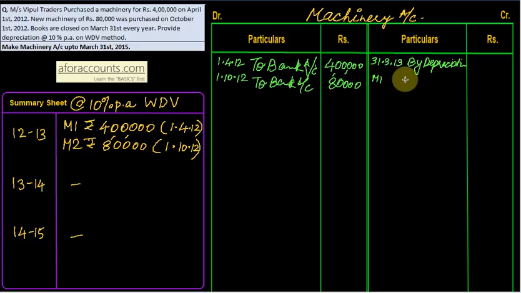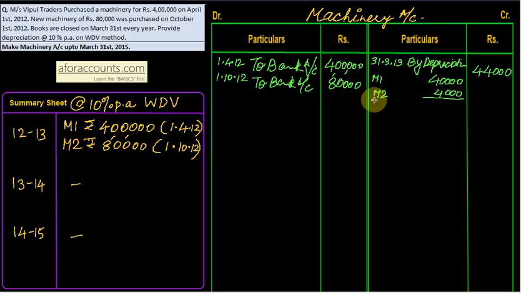So machinery 1 depreciation is 40,000. And working for machinery 2: 80,000 into 10% is 8,000, but it is only for 6 months. So into 6/12 that comes up to 4,000. So total depreciation is 44,000 for the year.